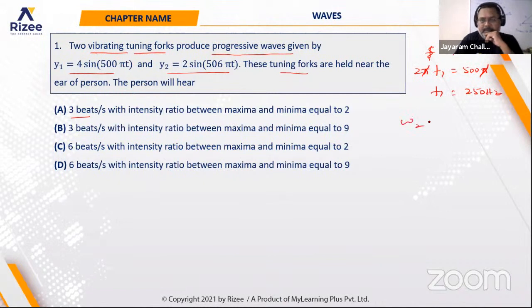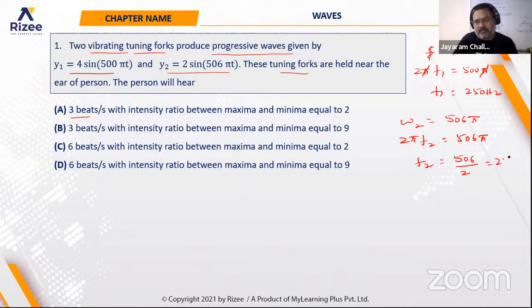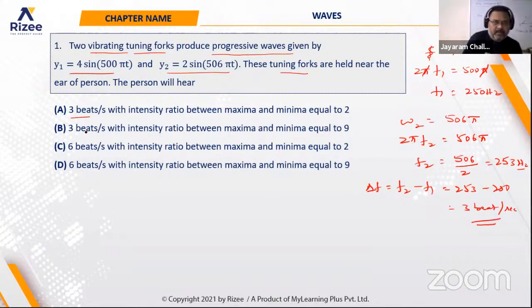Similarly, for the second frequency, omega 2 is 506 pi. So 2 pi f2 is equal to 506 pi, and the f2 value is going to be 506 by 2, which is equal to 253 hertz. Then what is the number of beats? That is delta f equal to f2 minus f1, which is 253 minus 250, which is equal to 3 beats per second. So out of A and B, it should be one option.